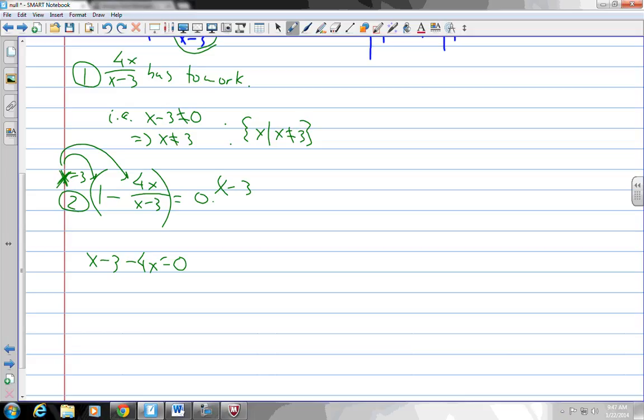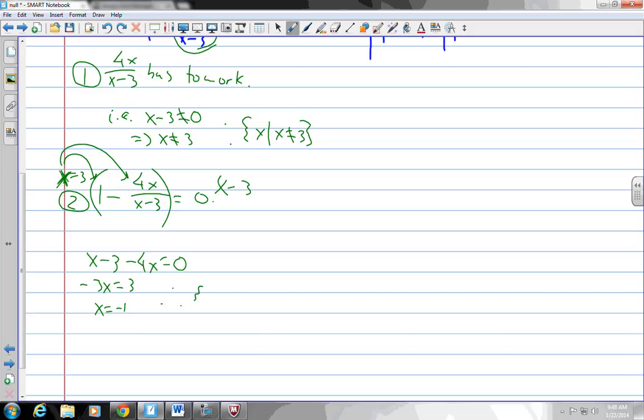So what do we get? Negative 3x equals 3, right? So x equals negative 1. X cannot equal negative 1.